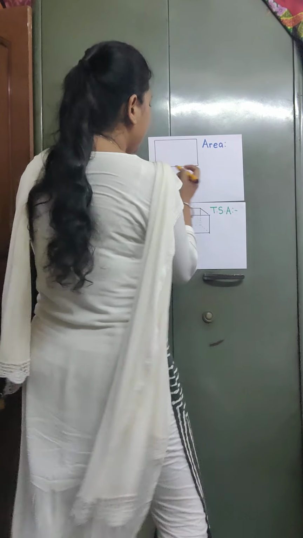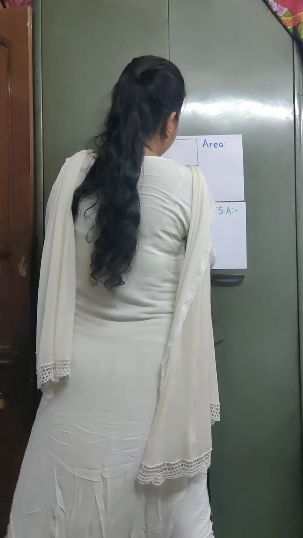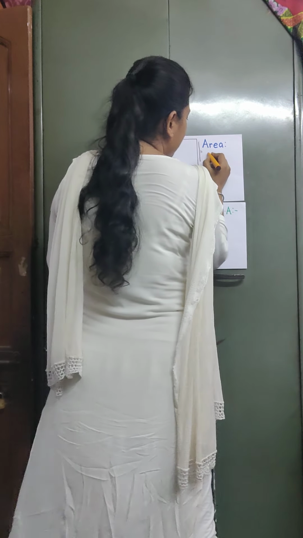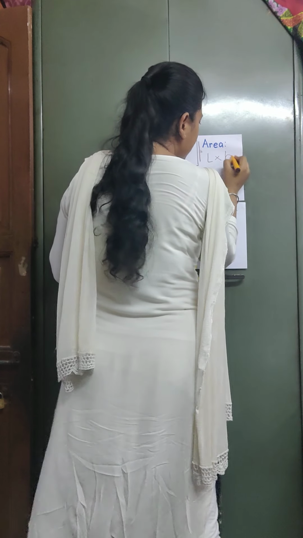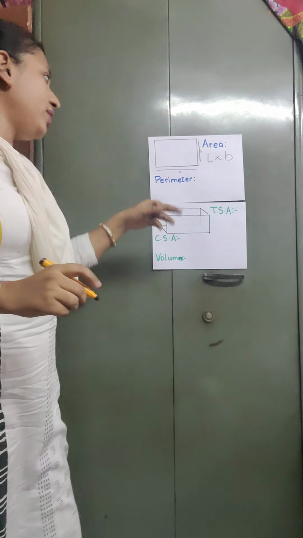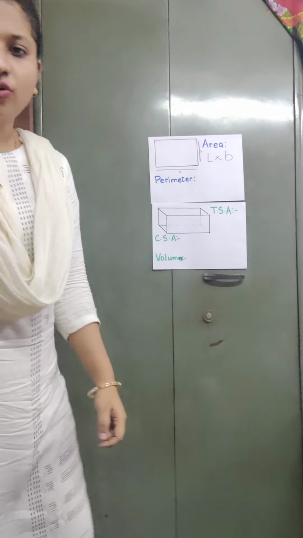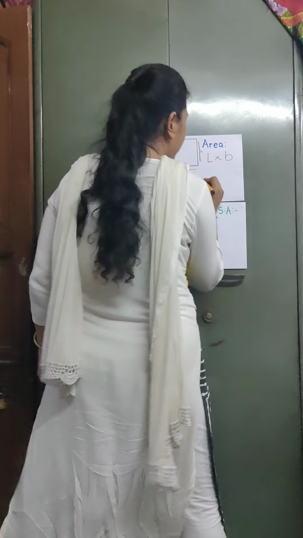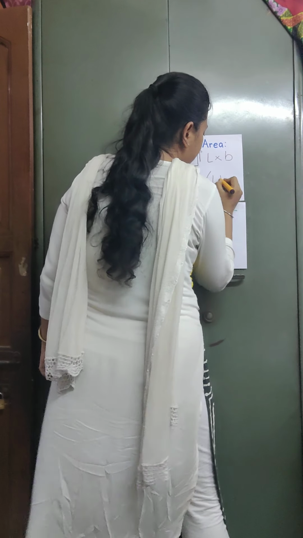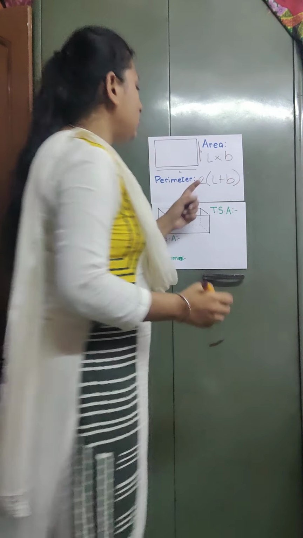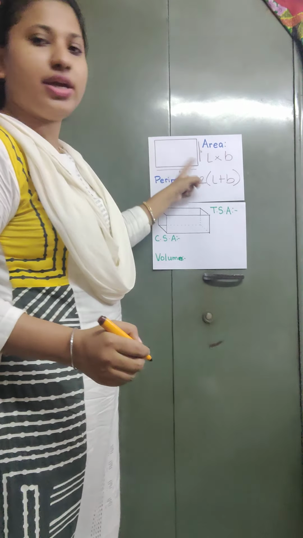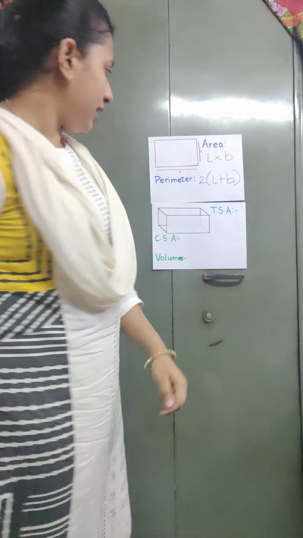The area of a rectangle is length into breadth. And the perimeter of a rectangle will be 2 into L plus B, meaning two sides of length and two sides of breadth.